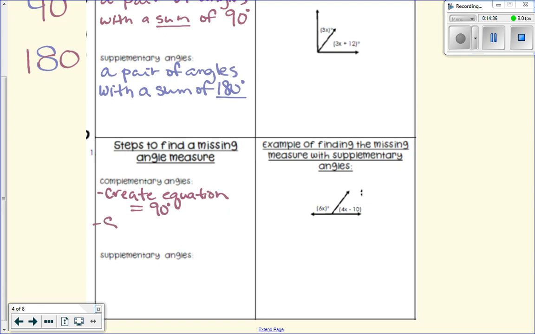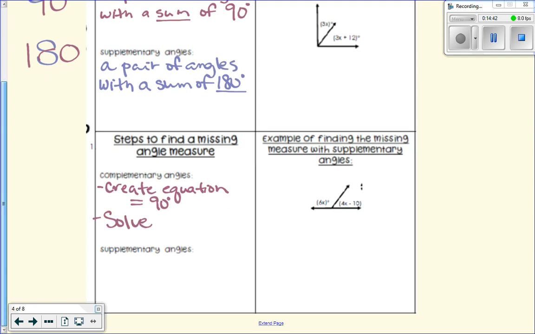And then the next step, you're going to solve. Supplementary angles, very similar. When you create your equation, it needs to equal what? Good, 180 degrees. And then once you set up your equation that equals 180 degrees, you can then solve for the variable.